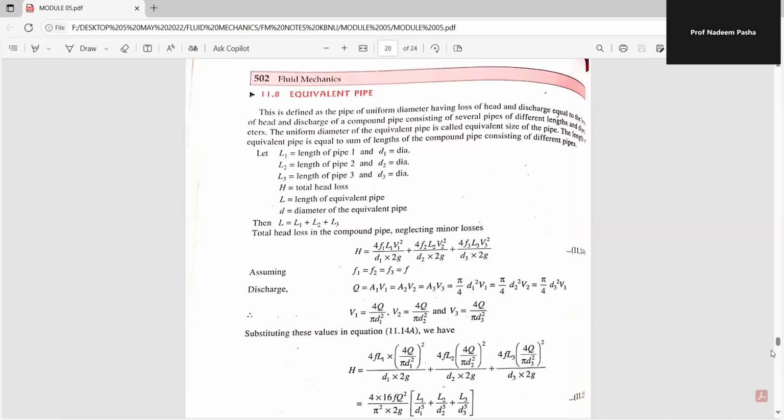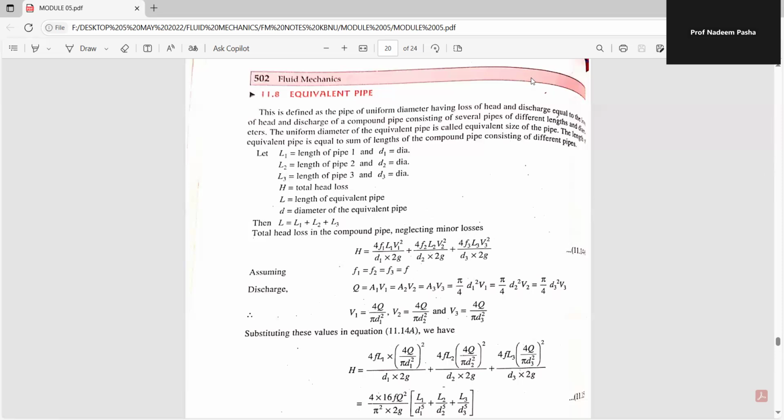Similarly, L2 and D2 for pipe 2, and L3 and D3 for pipe 3. Capital H is the total head loss, capital L is the length of the equivalent pipe, and small d is the diameter of the equivalent pipe.